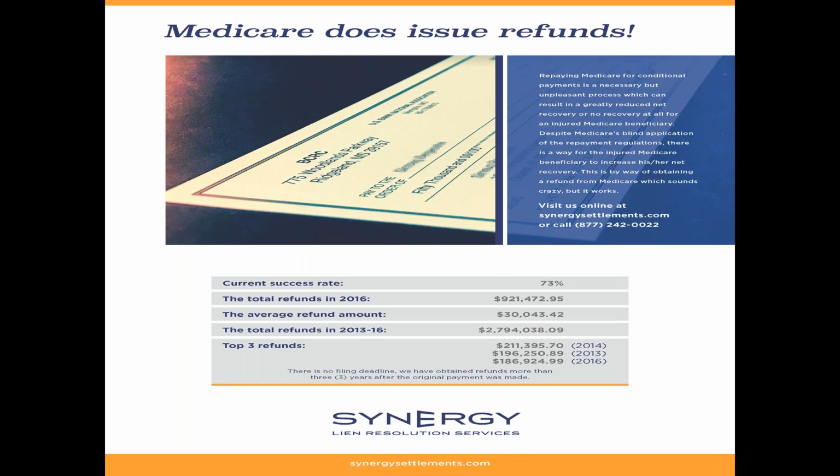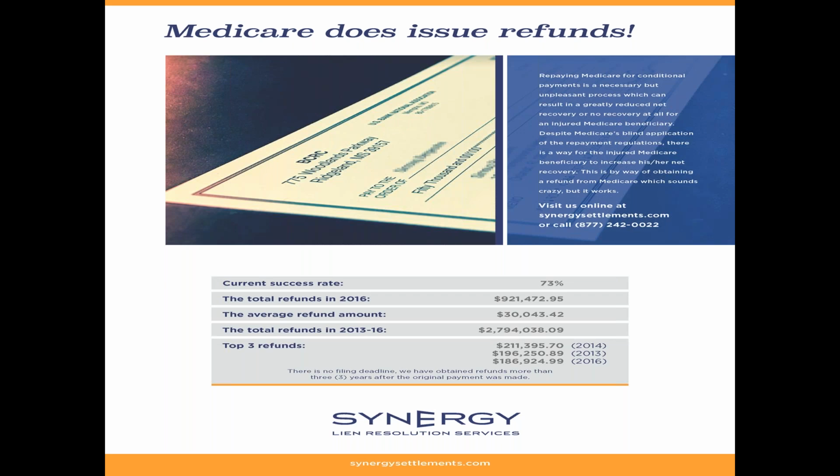And one of those rather large refunds was in a case that had a client who received a 7-figure settlement, and we were able to successfully use the financial hardship waiver, even in a 7-figure settlement situation, to get a refund back from Medicare.